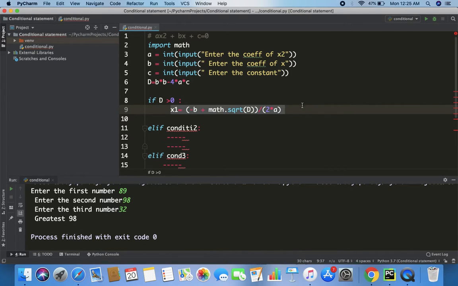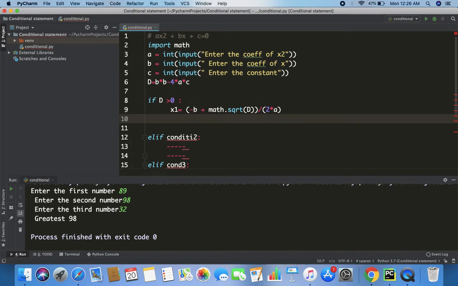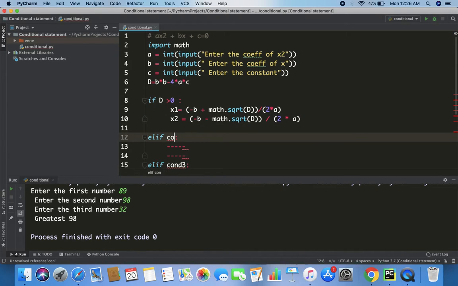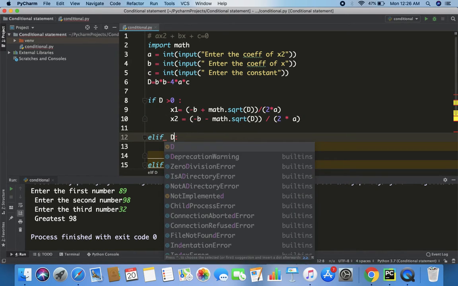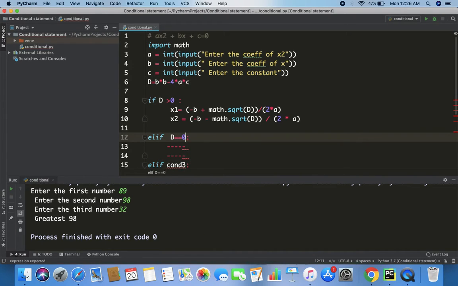I simply copy and paste it, so I get my second root x2, and here I'll have minus b minus. Then I'll check if the discriminant is equal to 0.